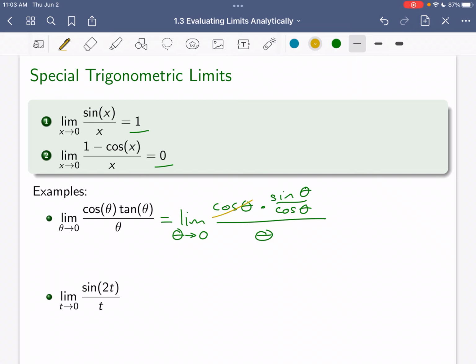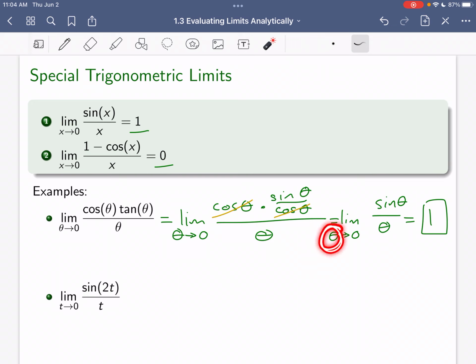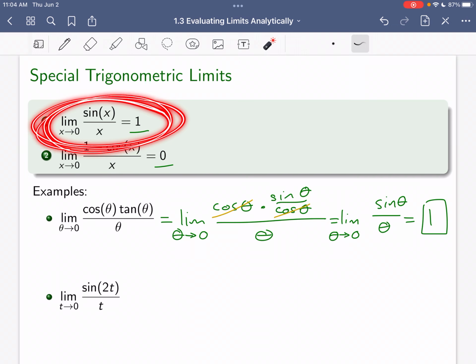If we do that, the cosine thetas cancel. So we have the limit as theta approaches 0 of sine theta over theta. This is that first rule. The name of x changed to theta, but it is that first special trig limit. Great.